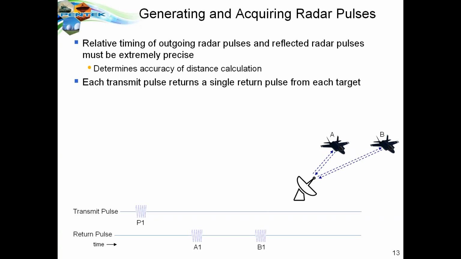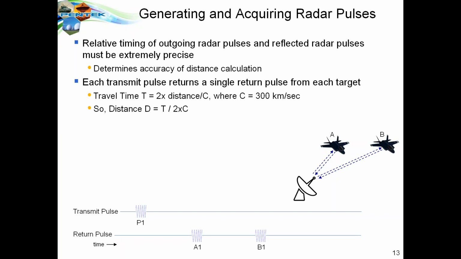And let's suppose we have another target B that returns from the same outgoing pulse a signal at time B1. You can see that, of course, the B1 return pulse is later in time because target B is farther away from the antenna. From the math, we know that the travel time from the radar to the target and back again is equal to 2 times the distance divided by c, where c is the speed of light. So the distance is equal to t, the travel time, times c divided by 2.